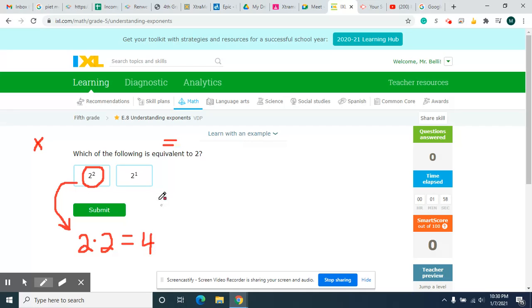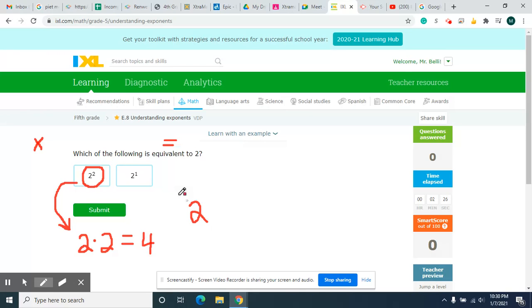Okay, this one says we have 2 multiplied by itself, but we only have 1, 2. So we have 2, and we're not actually multiplying it by anything. We just have 1, 2. This is 2 2's multiplied. This is 1, 2. There's nothing to multiply it by because there's only 1.